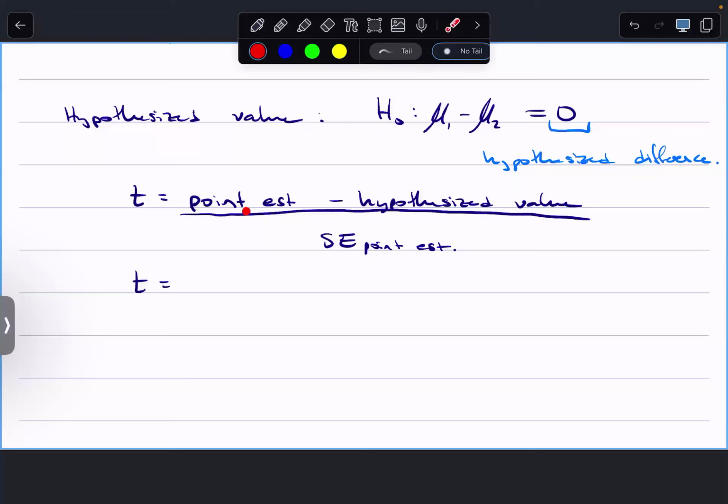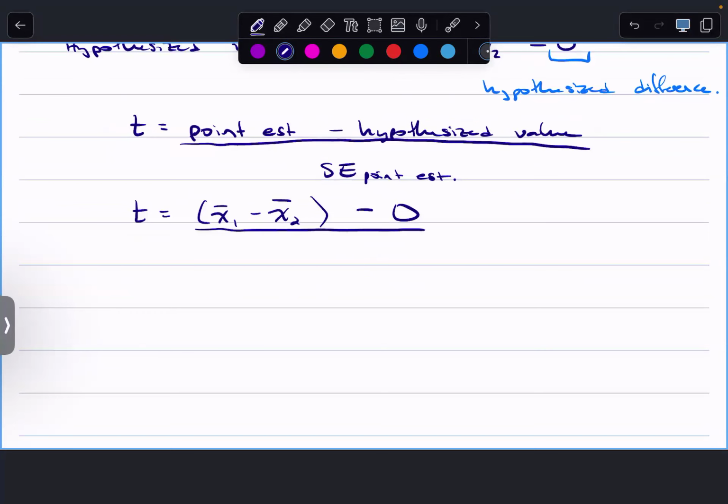In our case, the point estimate is x1 bar minus x2 bar. How far is that difference from 0? In terms of the standard error, which is that big mumbo jumbo. But if you're using the store function on your calculator, once you've calculated it, just store it, and then you can just recycle it, right?